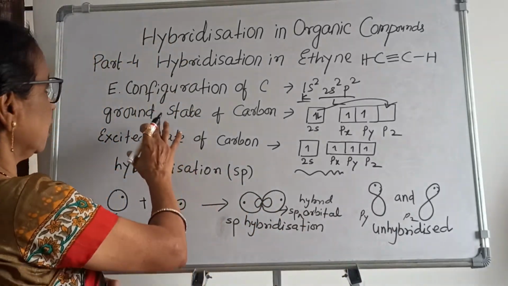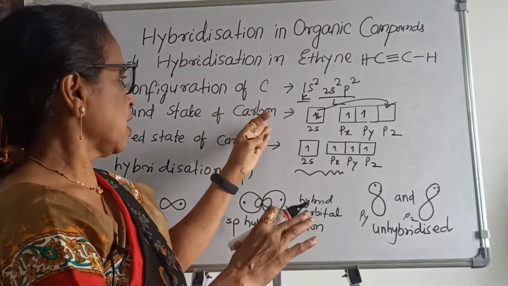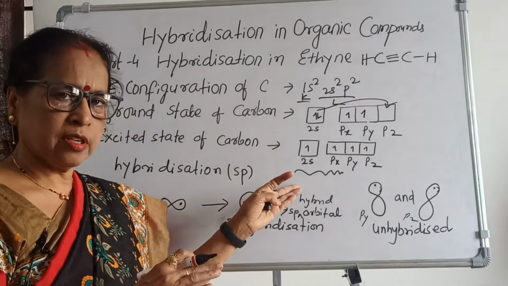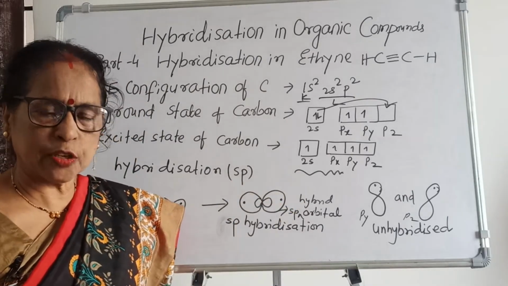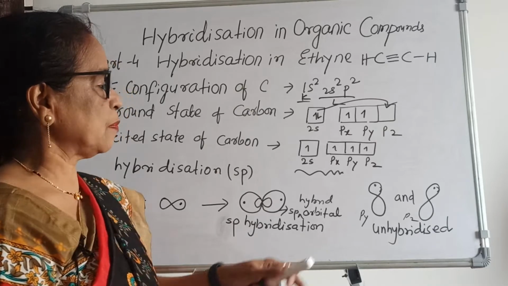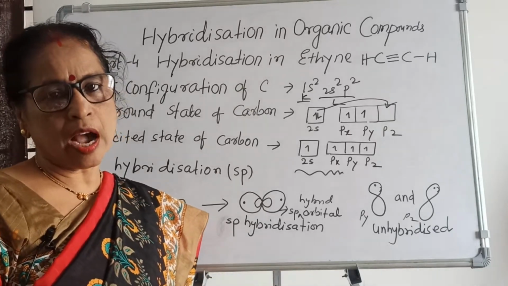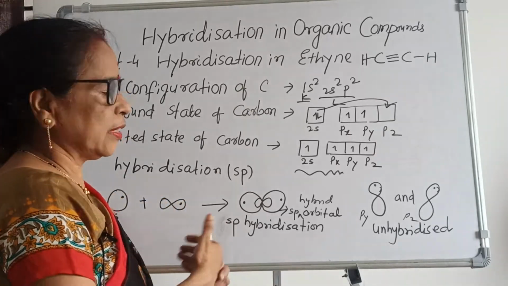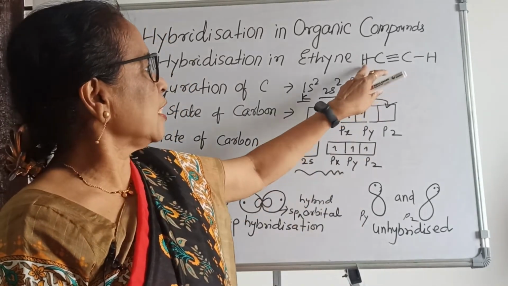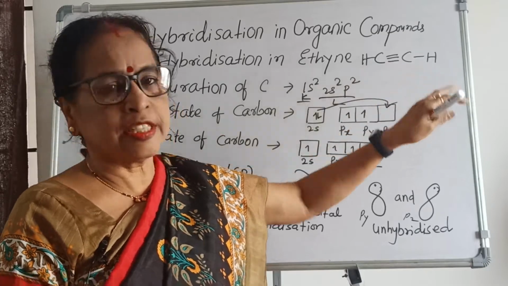So I hope it is clear: electronic configuration, ground state, then excited state, then hybridization. Remember sp hybridization, and the remaining py and pz are unhybridized orbitals. After that you will see how the bonds are formed in CH triple bond CH.